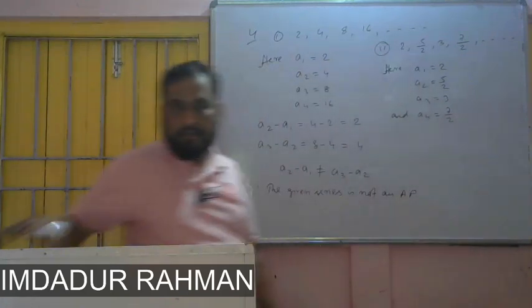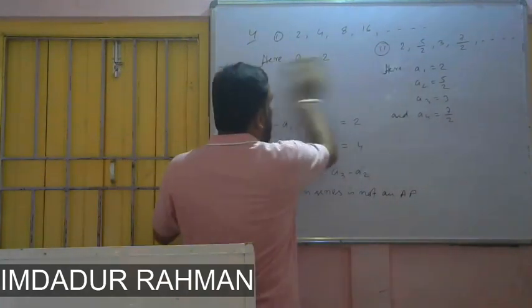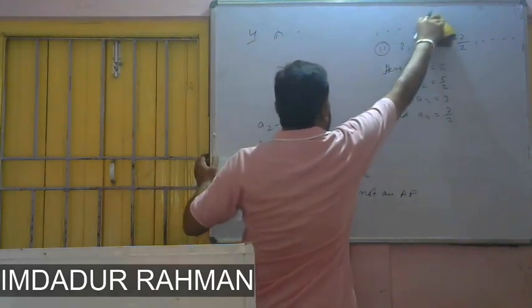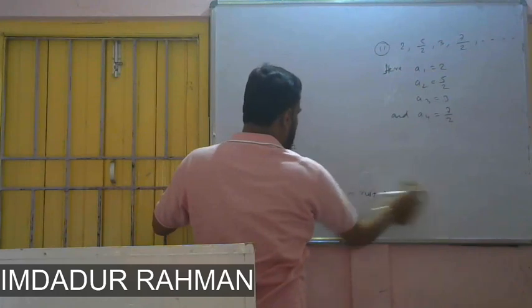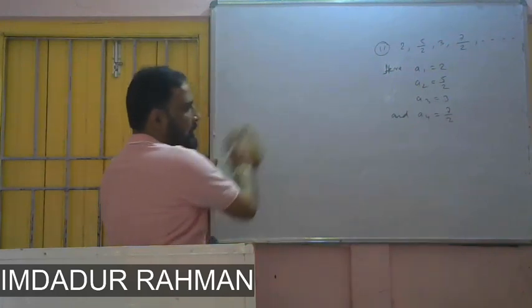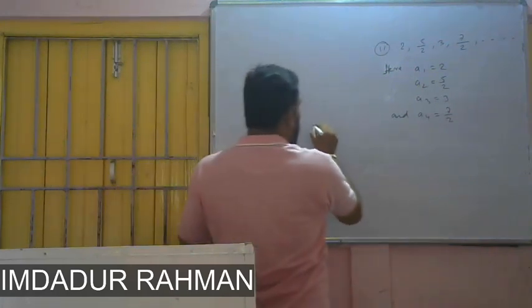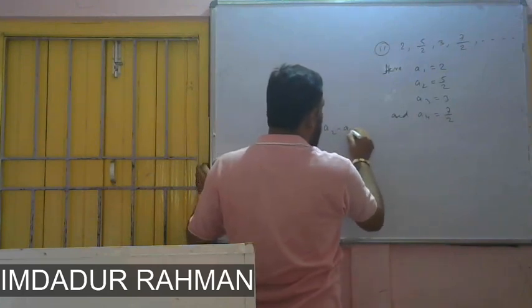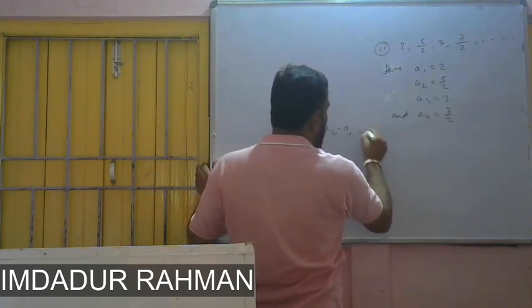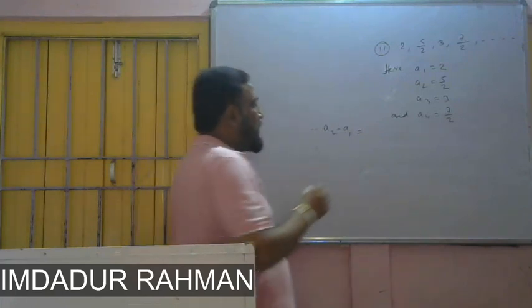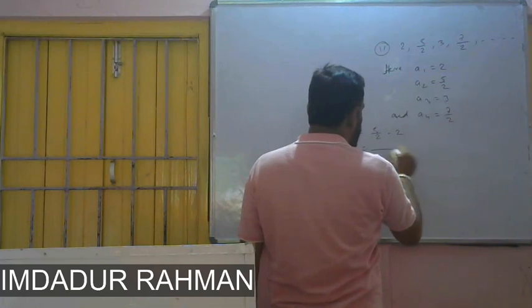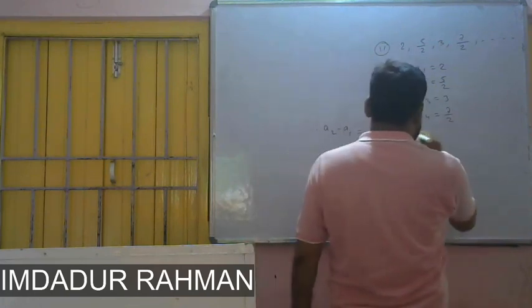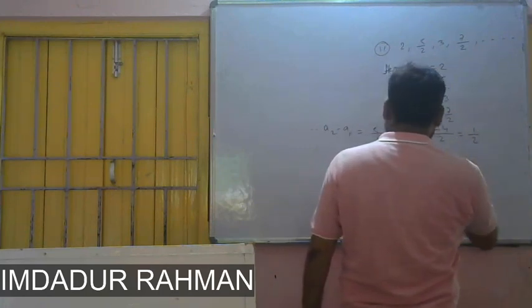Now let us examine whether the differences are the same or not. Therefore, A2 minus A1 is equal to how much? 5 by 2 minus 2 is equal to, take LCM, 1 by 2.